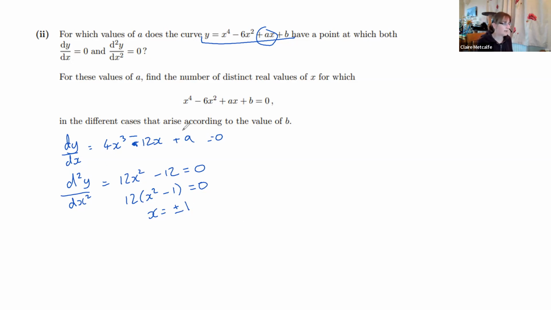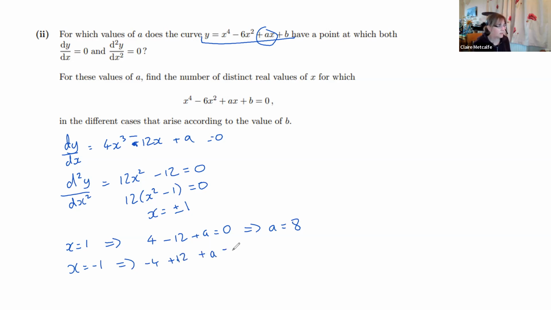If we plug these back into dy by dx, when x equals 1, we get 4, minus 12 from the minus 12x, plus a equals 0. This gives me a equals 8. When x equals minus 1, we get minus 4 from 4x cubed, plus 12 from 12x, plus a equals 0.